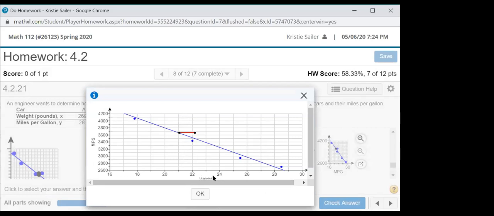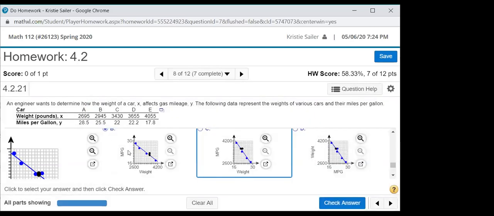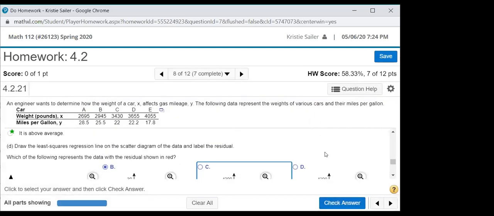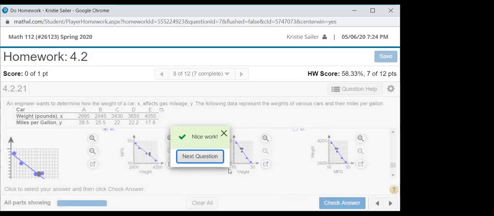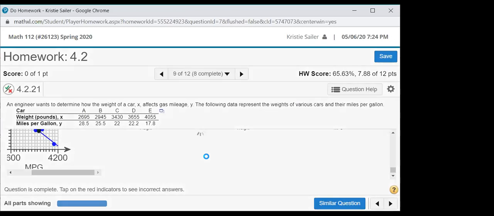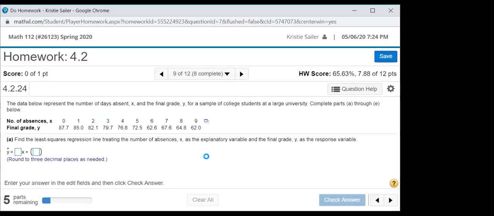The weight is on the bottom, but those are not weights. This says miles per gallon, but that's not right. So it has to be B. You see how sometimes you have to pop it out to see that. That's what I was telling you. Sometimes the pop-out option works.